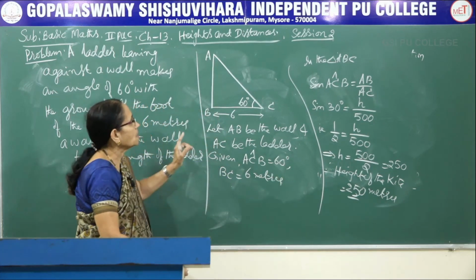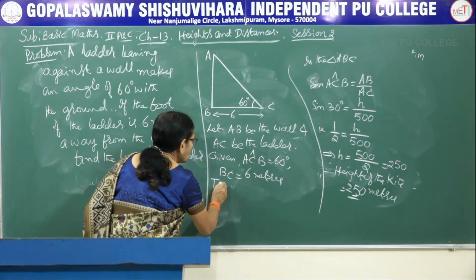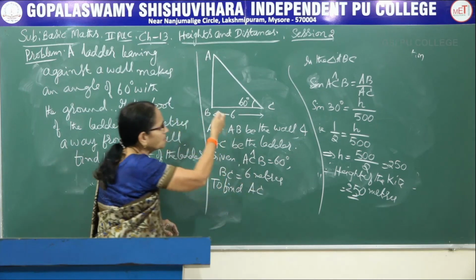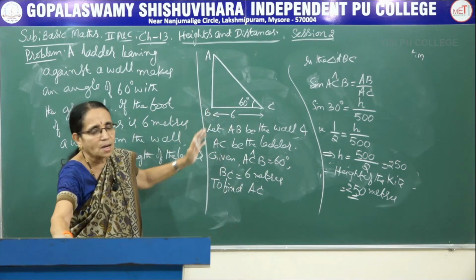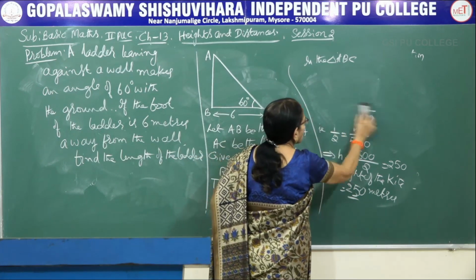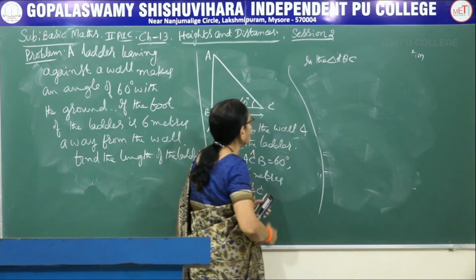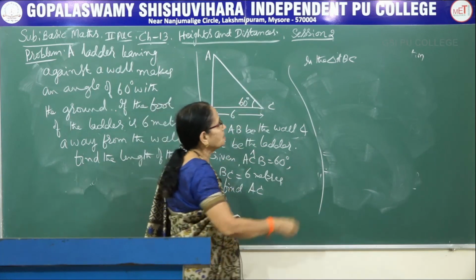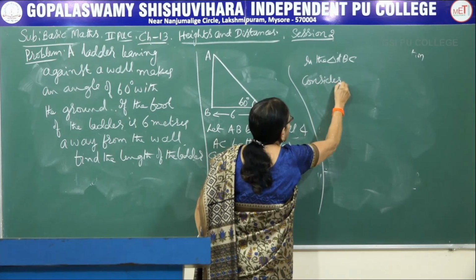Now what do we need here? The length of the ladder. That means we have to find AC, or you can take it as L or X, or keep it as AC itself. Here again I am considering the same triangle ABC. I told you just now, the adjacent side and the hypotenuse, so I have to consider cos theta.